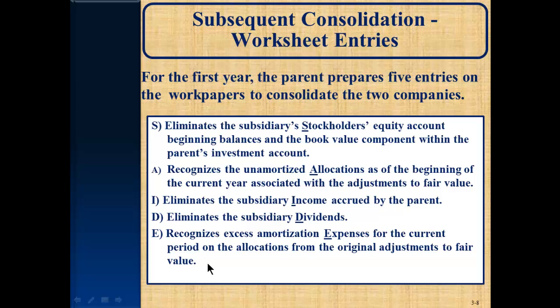Okay. Worksheet entries in your textbook, they give this SAID, S-A-I-D with the E on the end of it. They use this as standard nomenclature throughout the book. Now, I'm not going to be a stickler on this. To me, and you'll hear me say this in the lecture, and I think I really say it in Chapter 4.